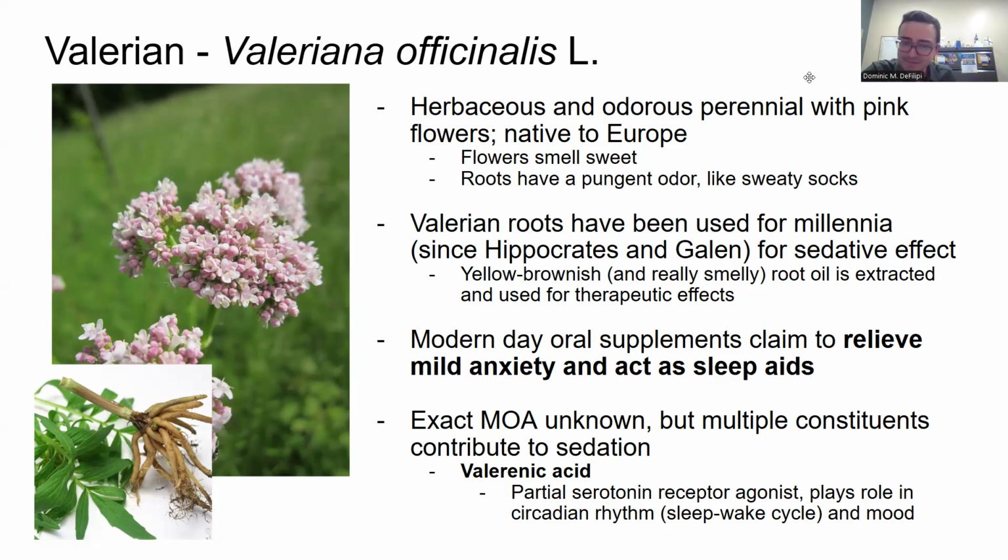We have an idea. We know that valerianic acid, which is naturally secreted and produced within the roots, is a partial serotonin receptor agonist. So it plays a role in your circadian rhythm or your sleep-wake cycle and mood.